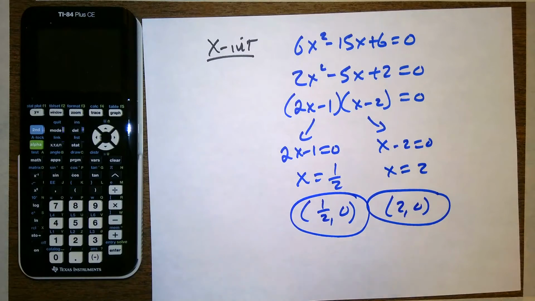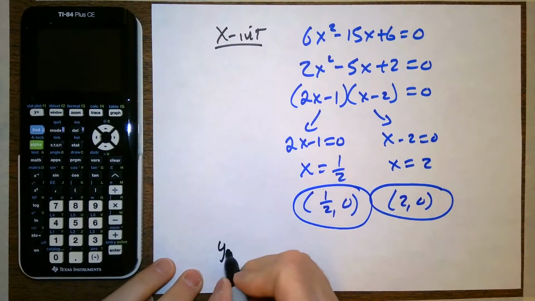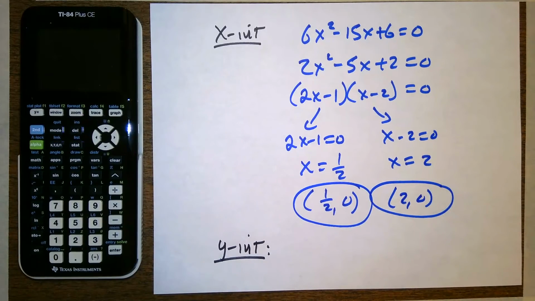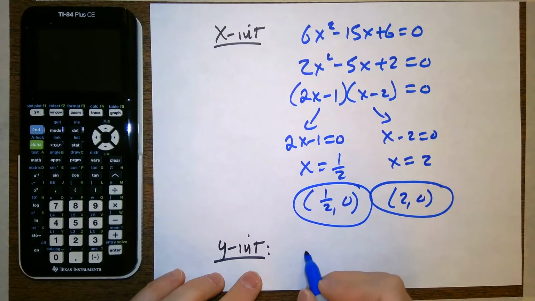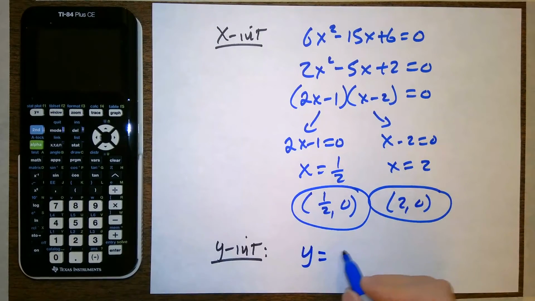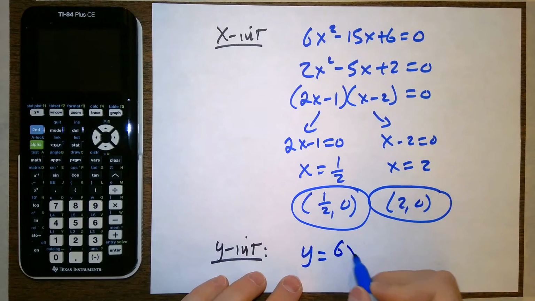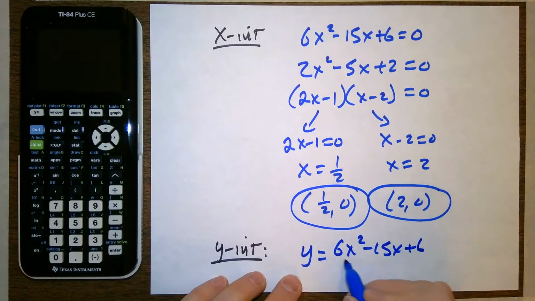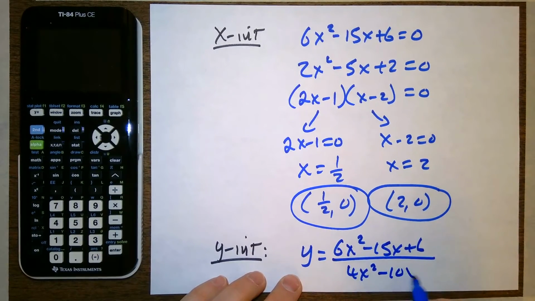And then finally, I want to look at my y-intercept. The y-intercept happens at the constant over the constant. Let me rewrite the function up here because something kind of interesting happens. 6x squared minus 15x plus 6 over 4x squared minus 10x.